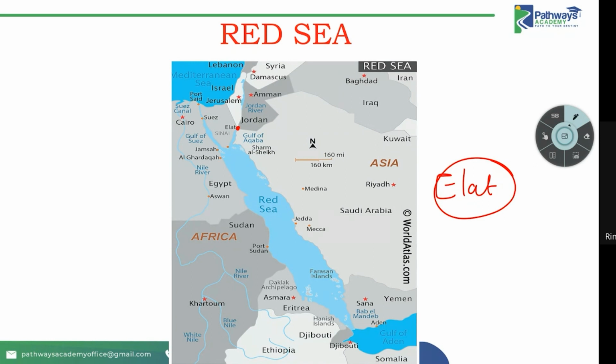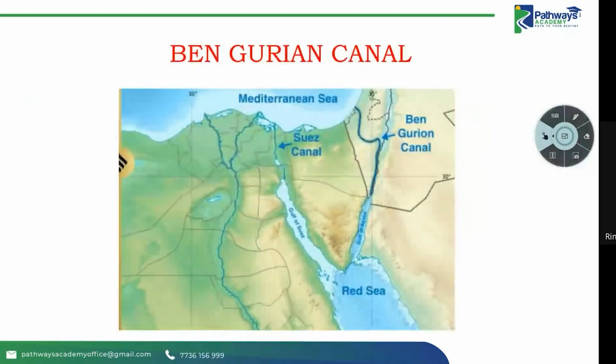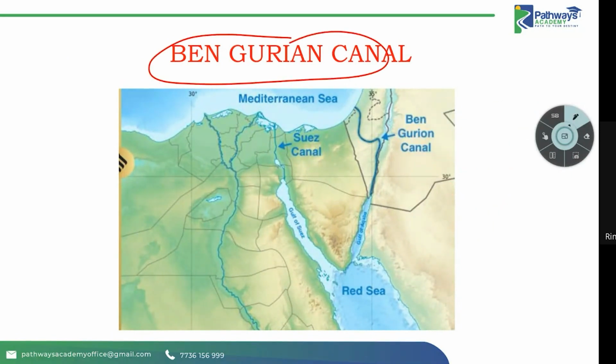There comes our Ben Gurion Canal. Have you heard about the Ben Gurion Canal? It is an alternative route to the Mediterranean Sea, planned to be built by Israel. We all know that from the Red Sea we can access the Mediterranean Sea through the Suez Canal, which goes through Egypt.